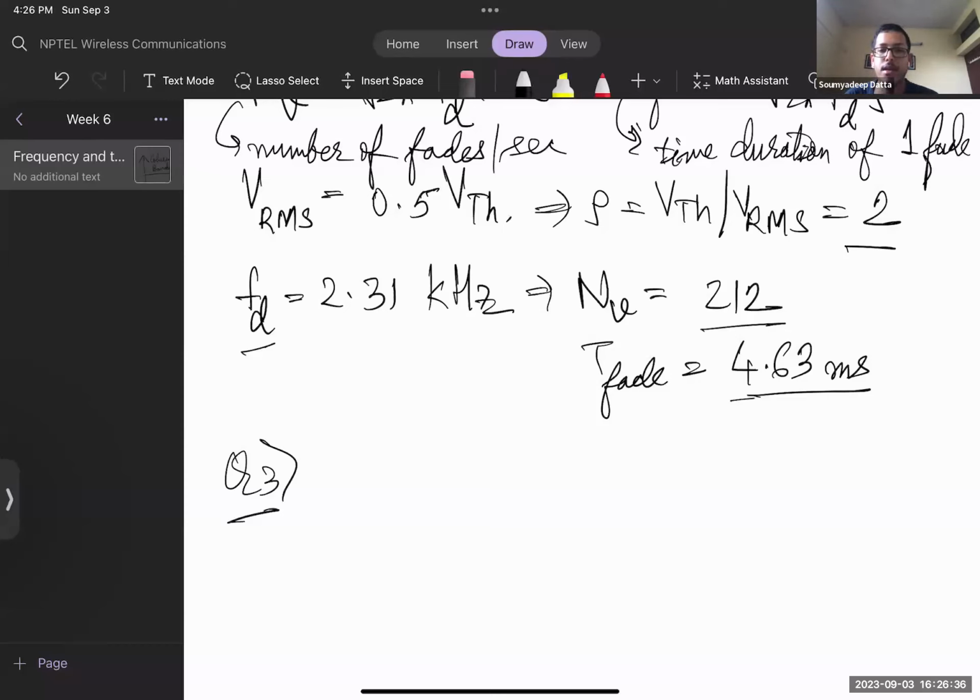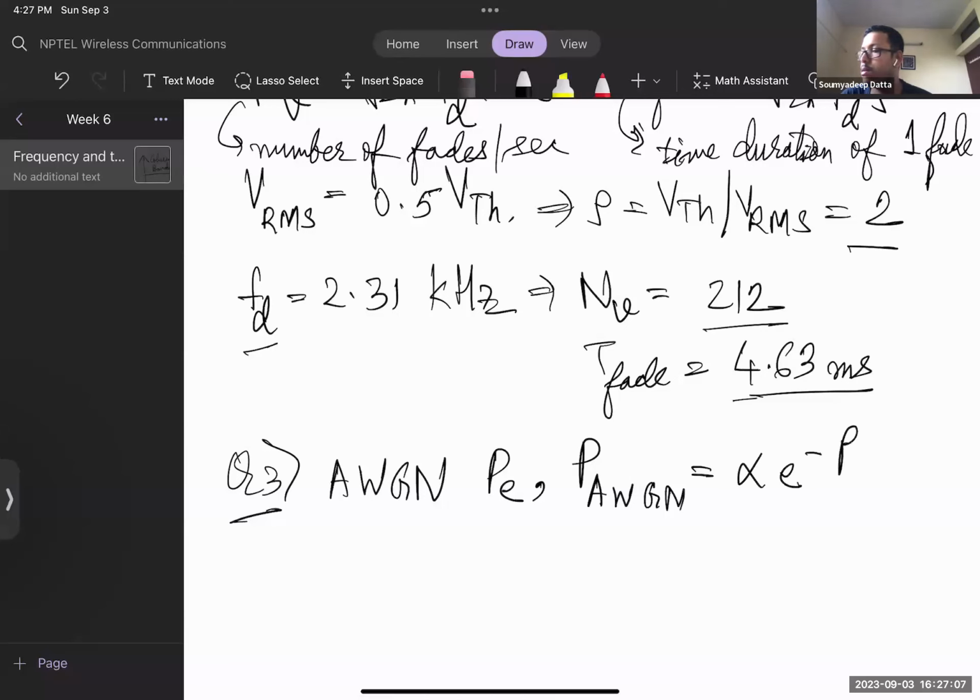So let's say you are told that for a certain modulation type, the AWGN probability of error, P_e, in an AWGN channel, is something like alpha e to the power minus beta gamma, where gamma is the instantaneous SNR.